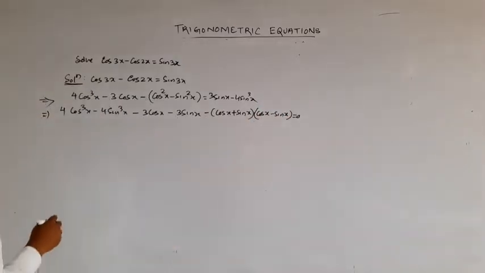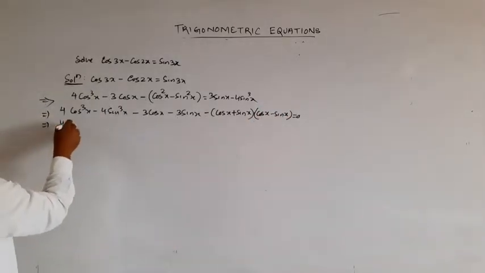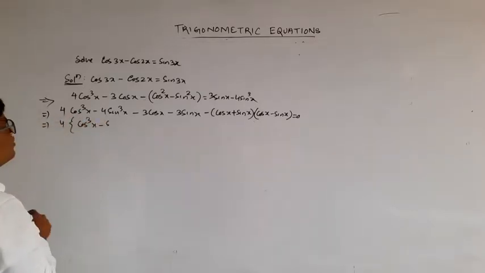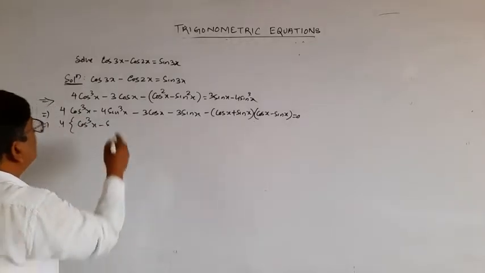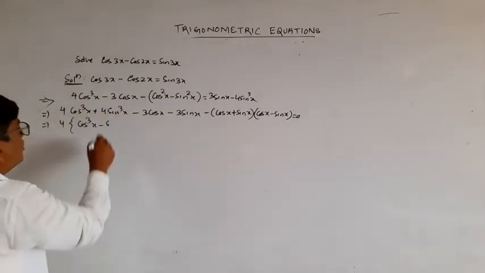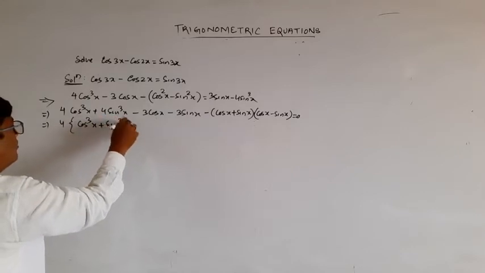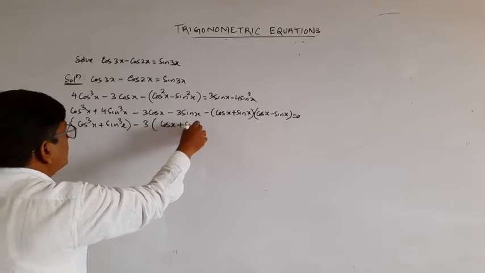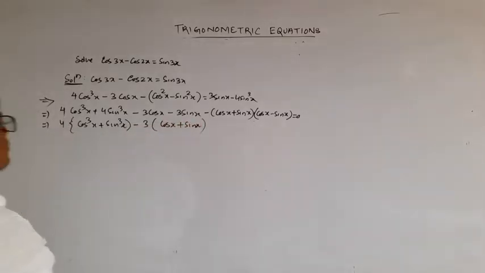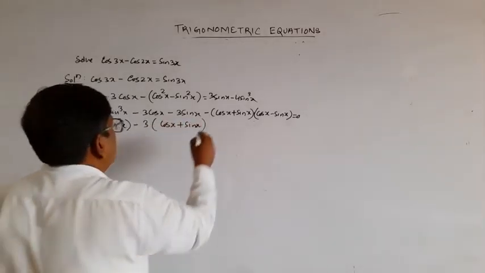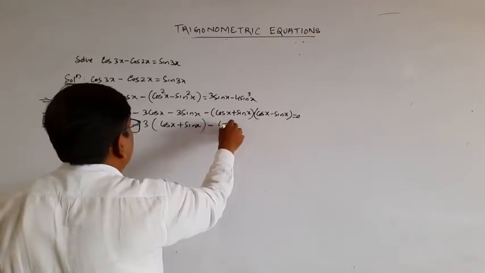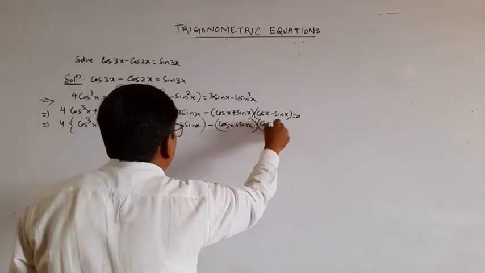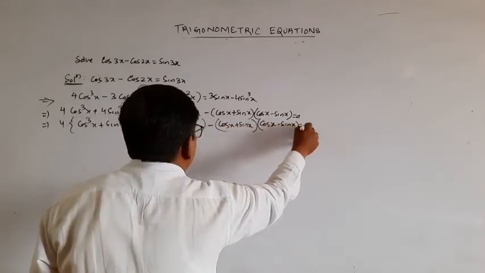Now this is equal to 4 common, cos cube x plus sin cube x, not minus, plus, minus 3 into cos x plus sin x, minus cos x plus sin x into cos x minus sin x is equal to 0.